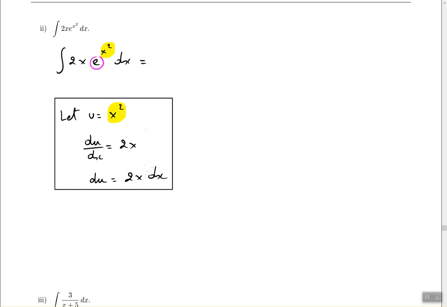So according to this table, every time I see 2x dx, I'm supposed to erase it and write down the letters du. Okay, so I see 2x and a dx. I'm supposed to grab them both and erase them and write down in their place du, because that's what we said in our little table, in our little setup.